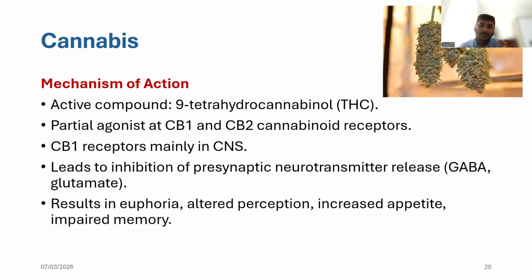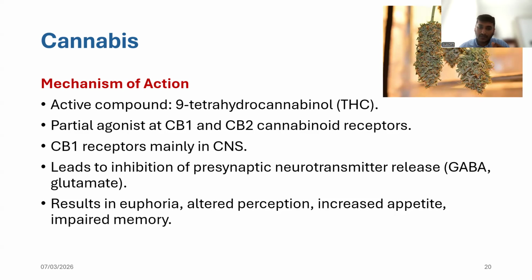It acts on the cannabinoid receptors in the central nervous system, leading to inhibition of presynaptic neurotransmitter release, particularly glutamate and gamma-aminobutyric acid.